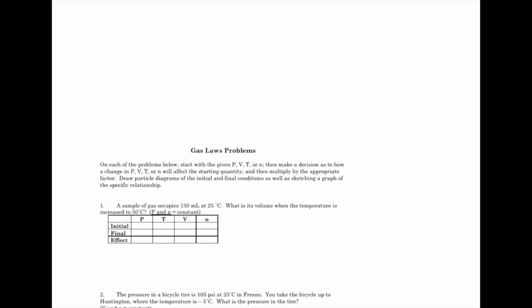Then make a decision as to how a change in pressure, volume, temperature, or number of particles will affect the starting quantity, right? And then multiply by the appropriate factor. Draw particle diagrams of the initial and final conditions, as well as sketching a graph of the specific relationship. So there's a lot to kind of take apart in there. And I'm going to help you work on doing that.